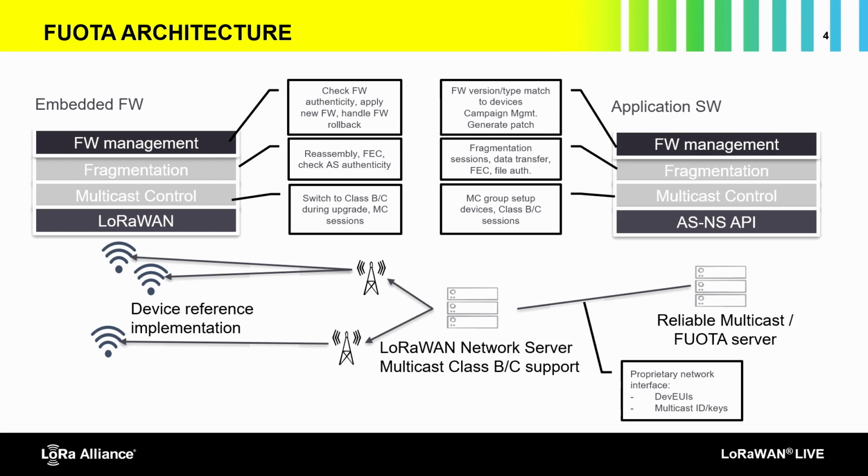We use the fragmentation and the multicast management, but above that there's also a firmware management which deals with identifying the firmware file, telling the end device when to switch to the new firmware, reboot the device, things like that, which are very firmware specific. But what's underneath is a very generic way of fragmenting frames and using multicast to efficiently push large files to a fleet of devices all at once.